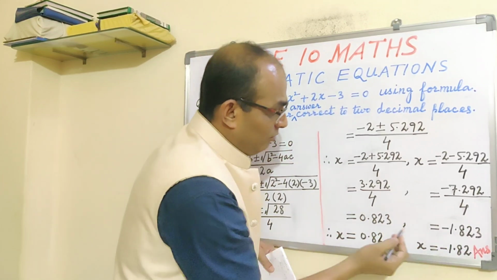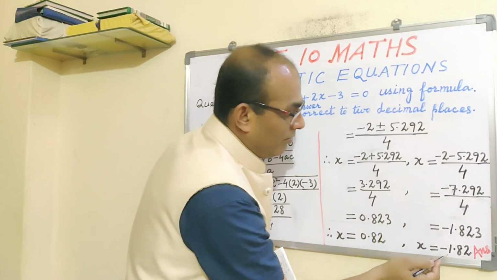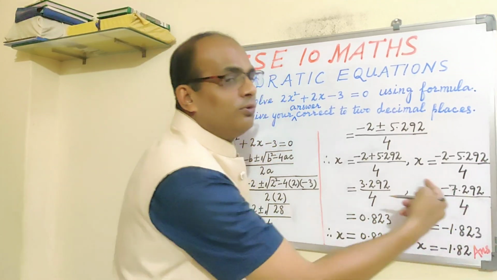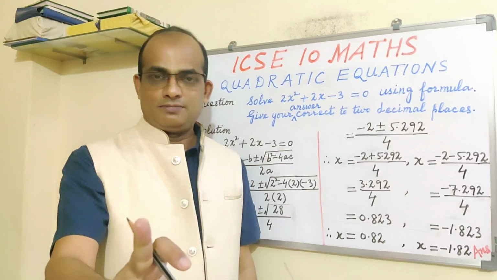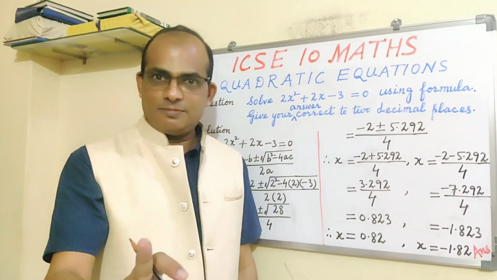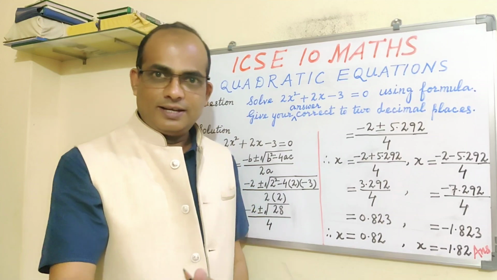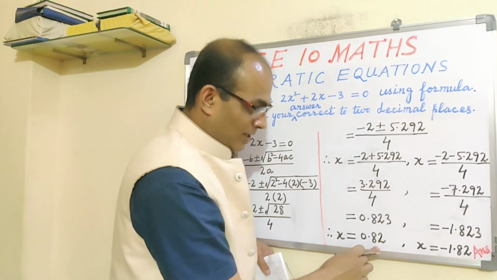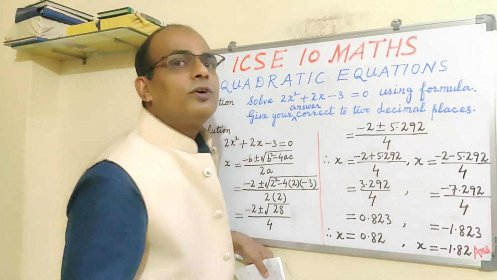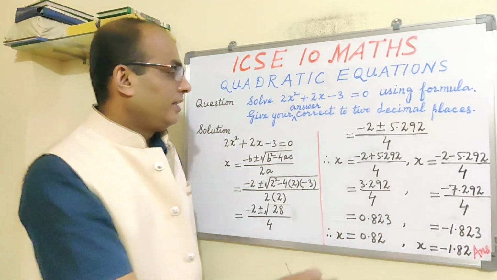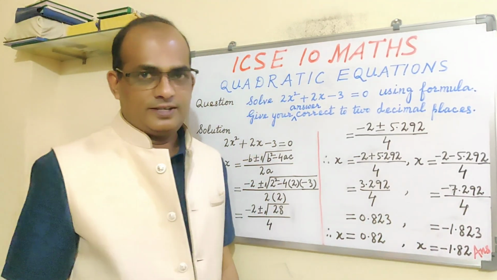That means all 4 values should be correct, then only you will get the last mark, the answer mark. Your actual answer is 0.82 and minus 1.82, but then these two figures also we want, these two values also we want.